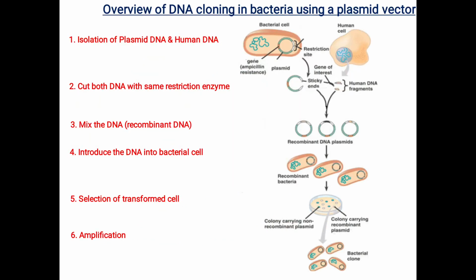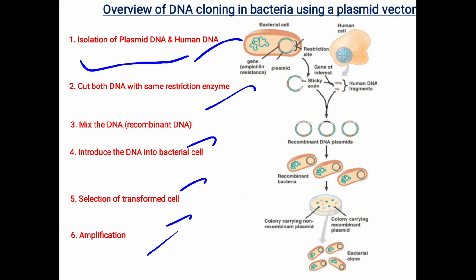Here, in total six steps are involved in gene cloning, and the first one is the isolation of plasmid DNA or the human DNA, or you can write here the gene of interest as well.